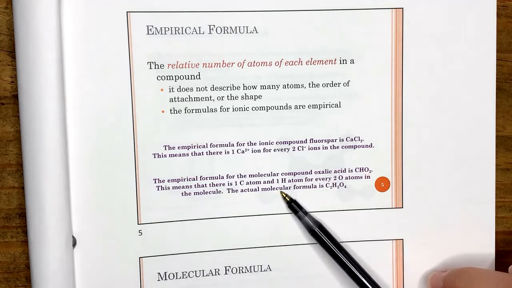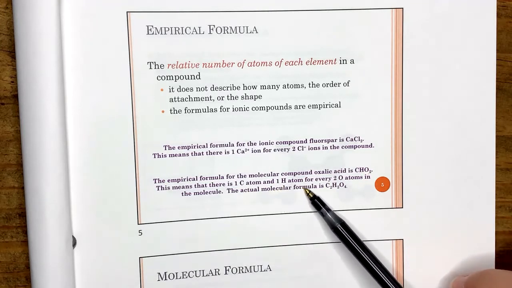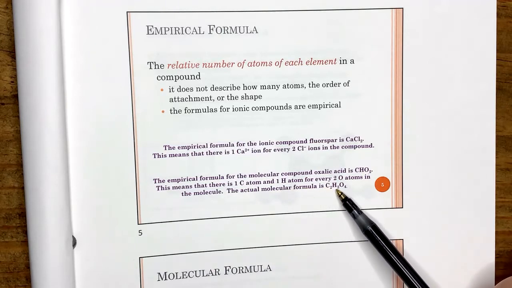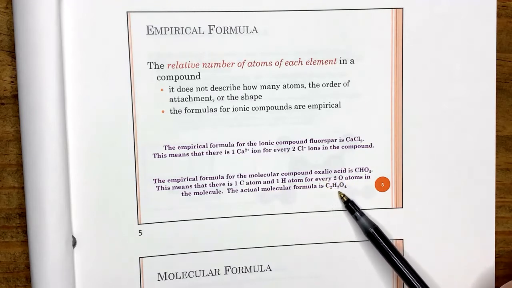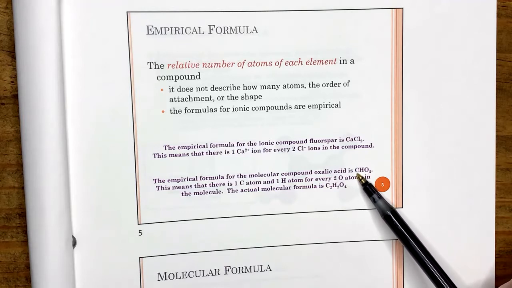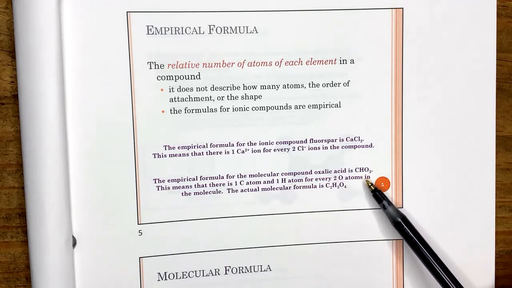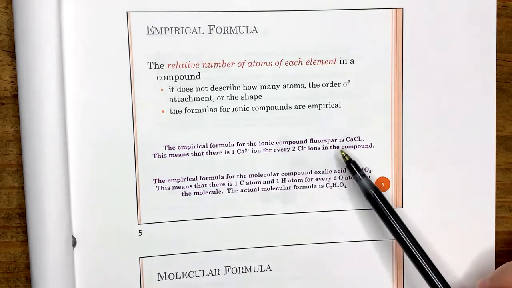The actual molecular formula, which tells you all the correct actual numbers of atoms in there, is C2H2O4. So this is the real numbers of atoms, and empirical is just a simplified version, the simplest ratio, okay?